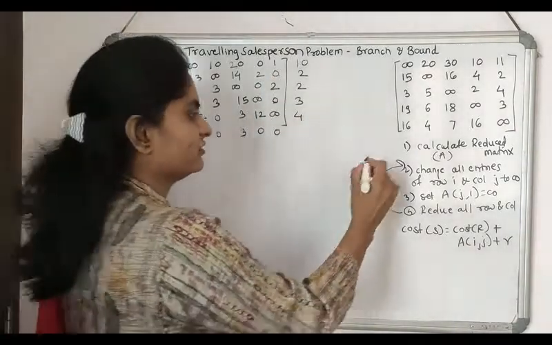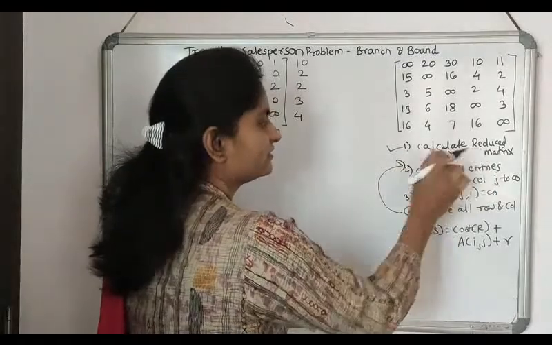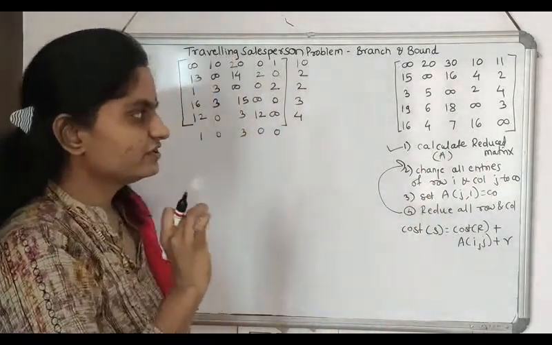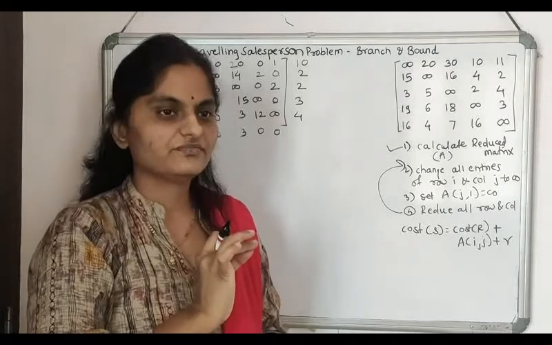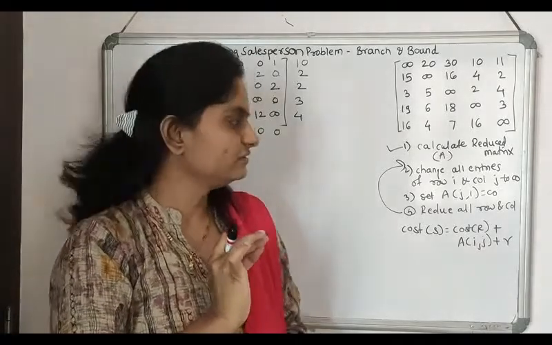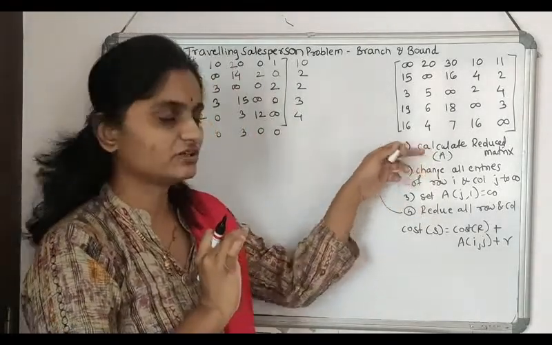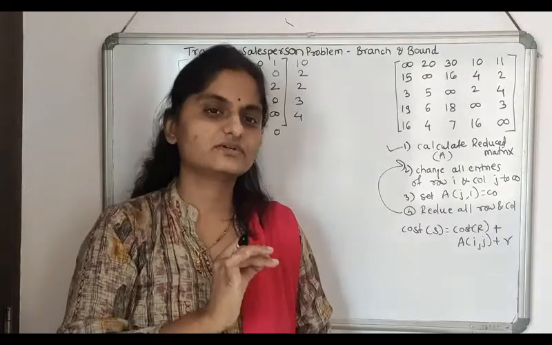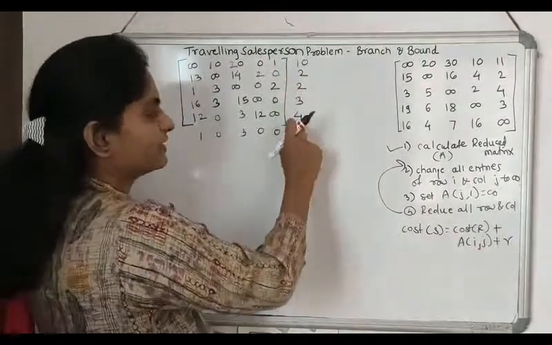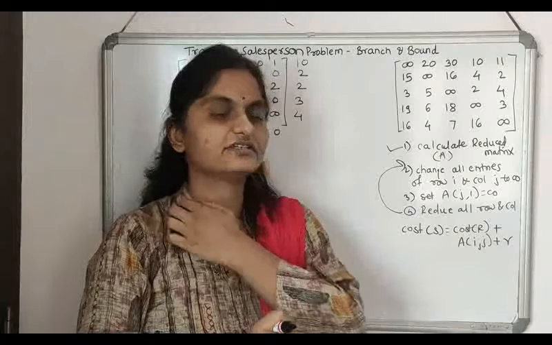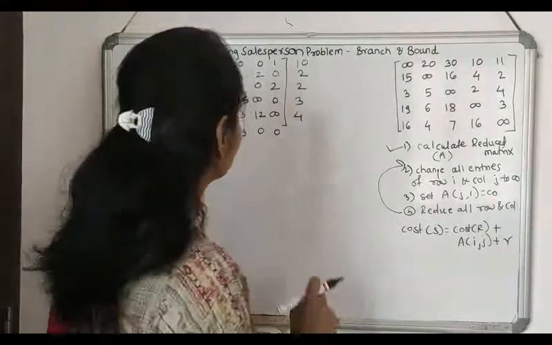Now, for this first step, calculating the reduced matrix means what? Every row and every column contains 0. This point is very important for calculating the reduced matrix. Every row and every column contains 0. That's why we are applying row reduction and column reductions here.